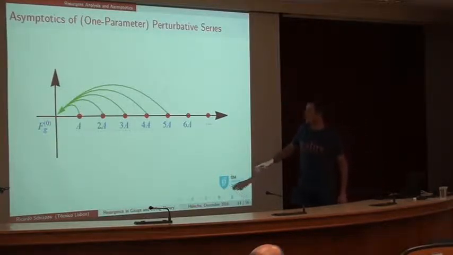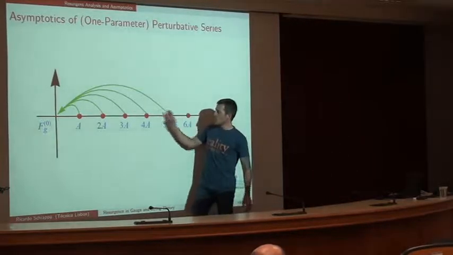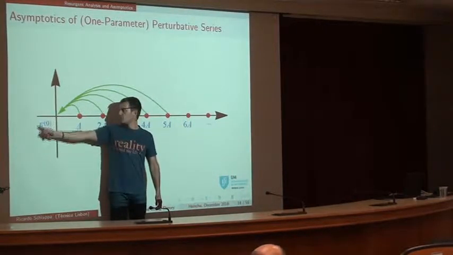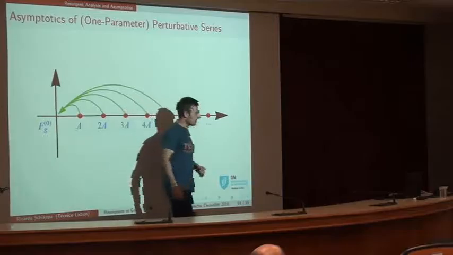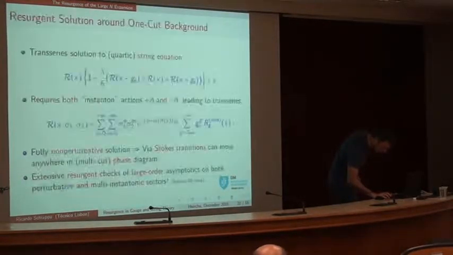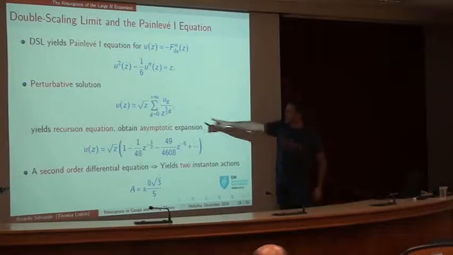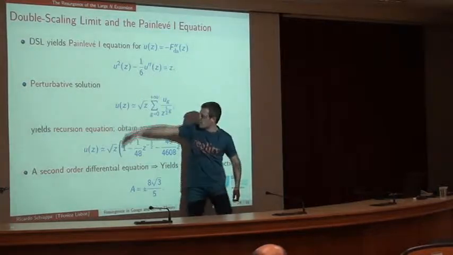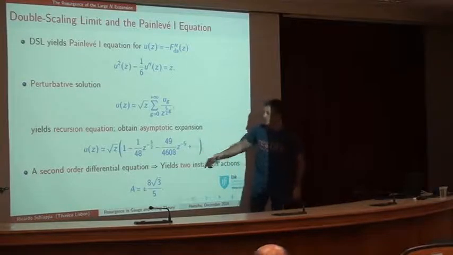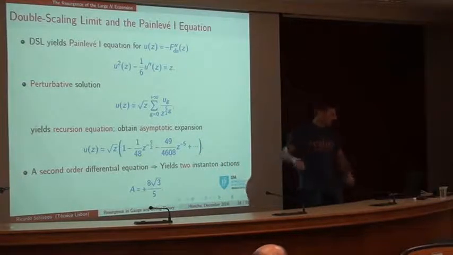Something like that, where you're trying to use instanton data to predict the value of this guy. But because in the Painlevé equation you can plug these guys here and recursively obtain all these, by the way, rational numbers, you can just try to check whether things are consistent or not.